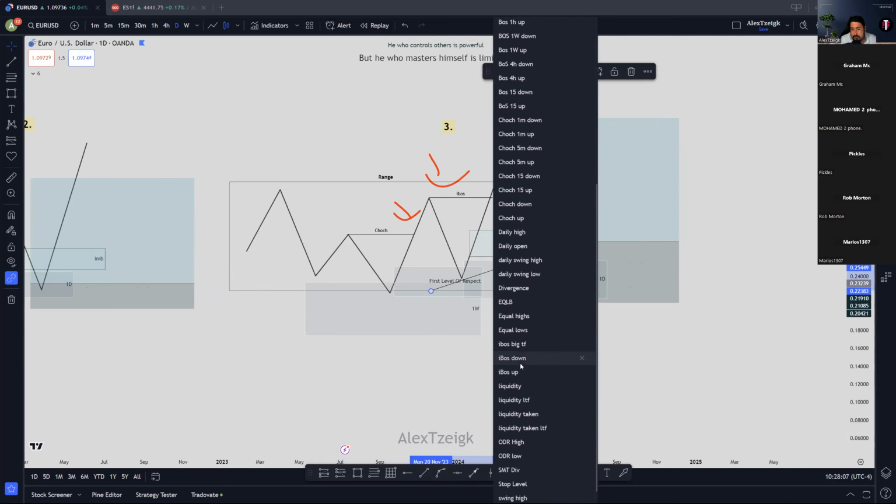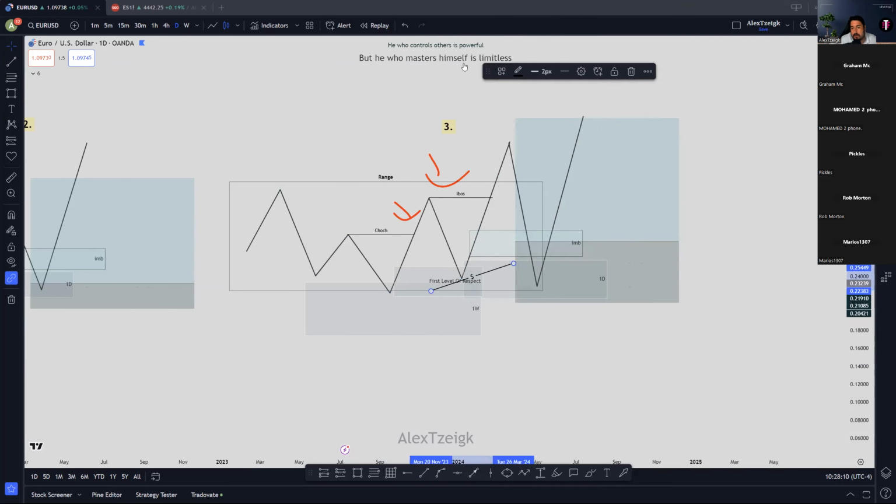I also saw the video from Miss Navy, really good, about liquidity. Look, many SMC communities use the inducement concept for their entry model.